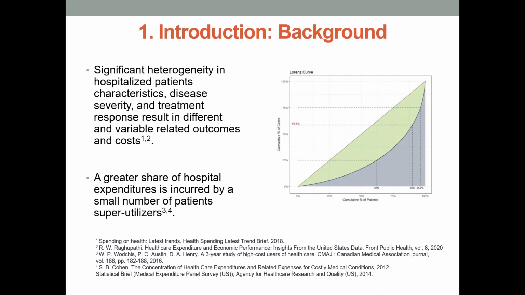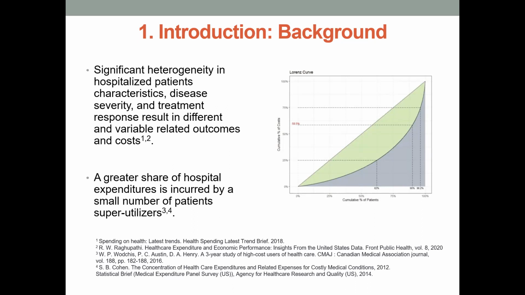And if you look at the picture, you can see that 10% of the, if you look on the x-axis, you will have the cumulative percent of patients, and if you look, you have 90%, which will take about, you have 40%.